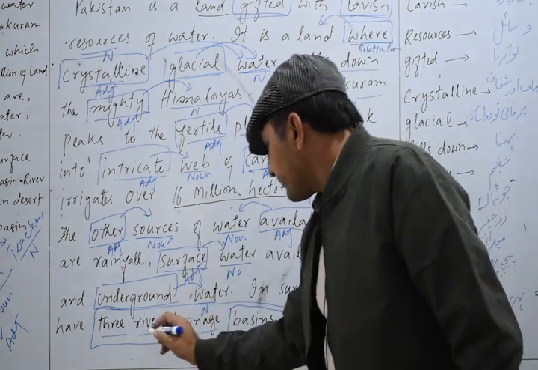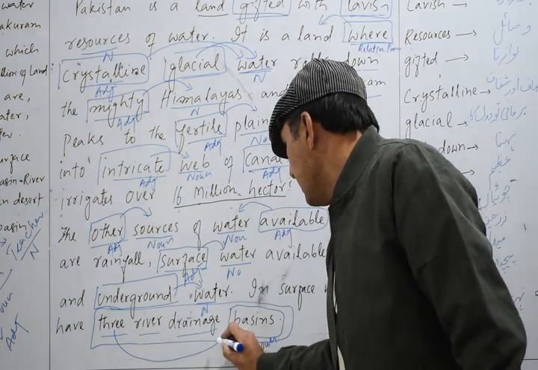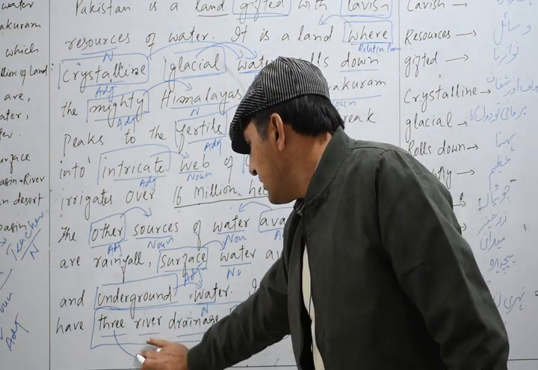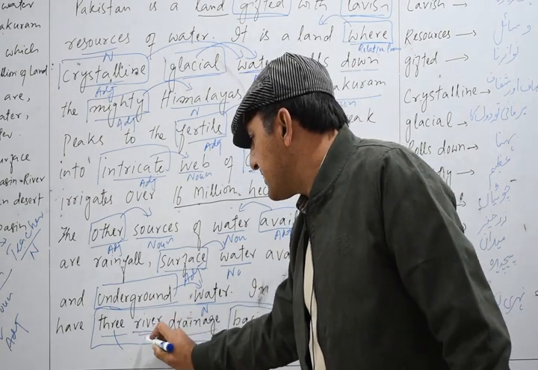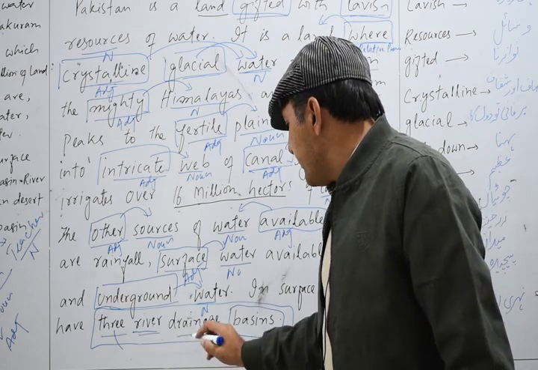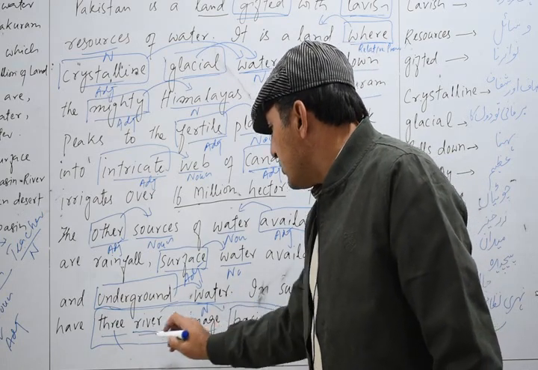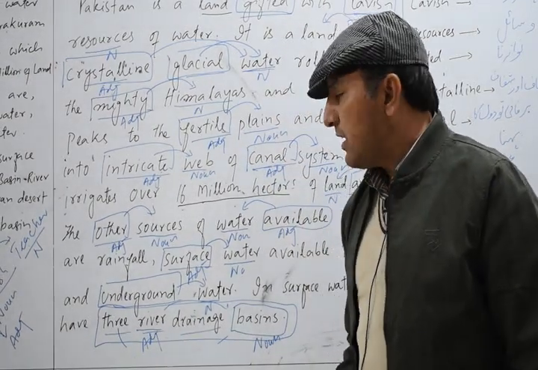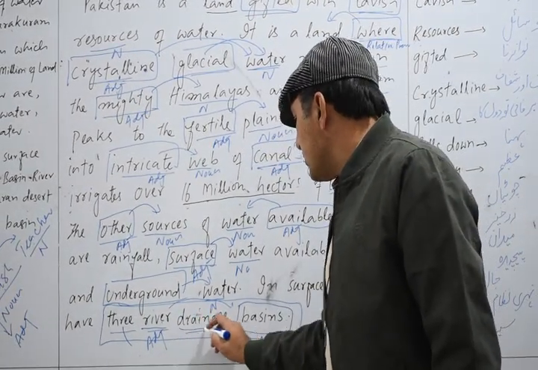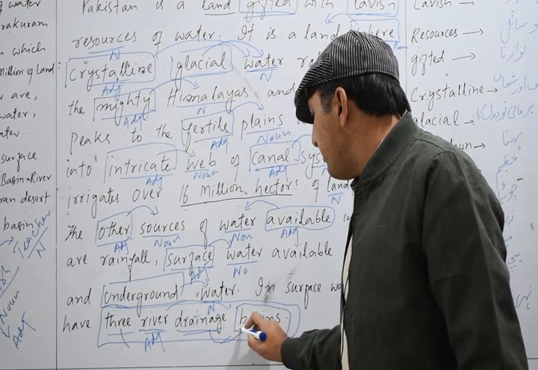Now you see, 3 river. So this 3 is also an adjective. River is basically a noun, but here it refers to 3 river basin, so this noun has been used as an adjective. Then we have drainage. Drainage also tells us about the word basin.